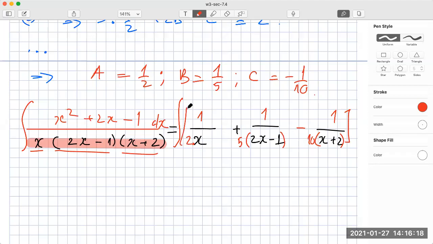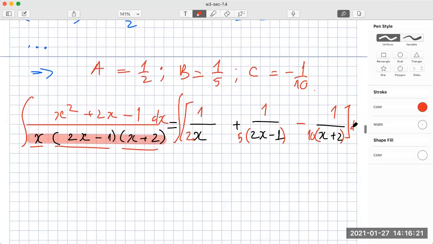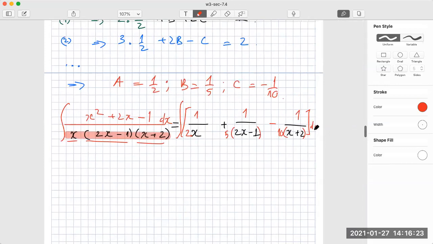They all multiply with the term dx here.